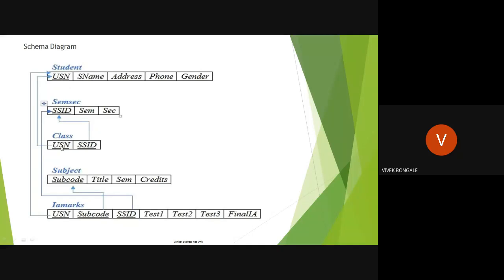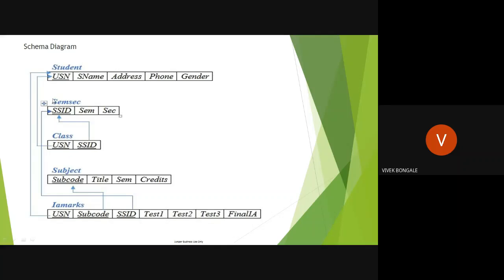So USN is a foreign key, and it points to the primary key USN of the student table. This foreign key references this attribute of the student table. In the same way, SSID, in one more table, is also pointing to the primary key.